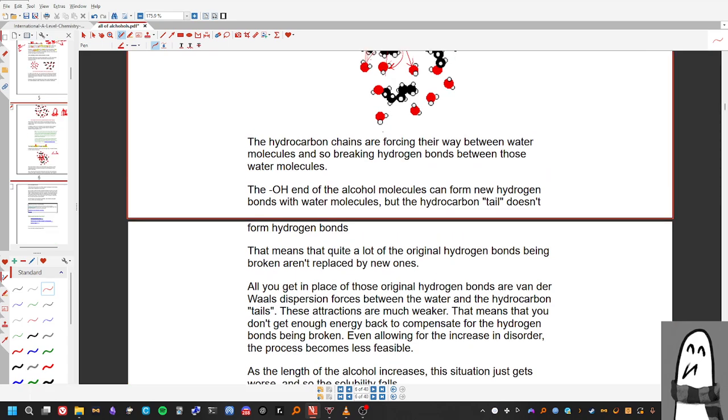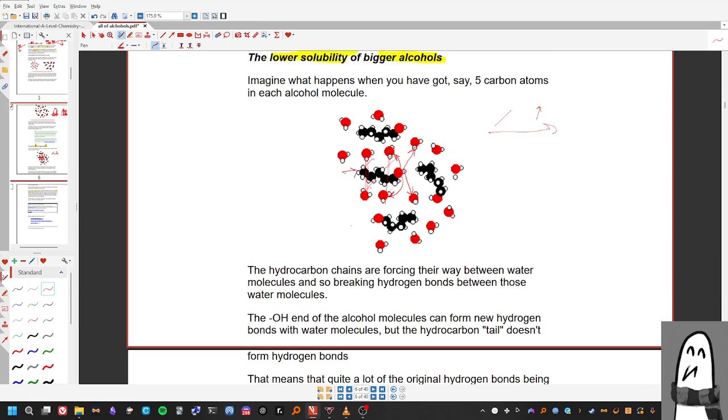And Ned did mention that after you break the hydrogen bonds, the only thing that's keeping them together is the van der Waals dispersion forces. Now, what van der Waals dispersion forces are we talking about? We're talking about the instantaneous dipole that's formed between the nonpolar molecules. We have H2O and we have CHs everywhere, right?